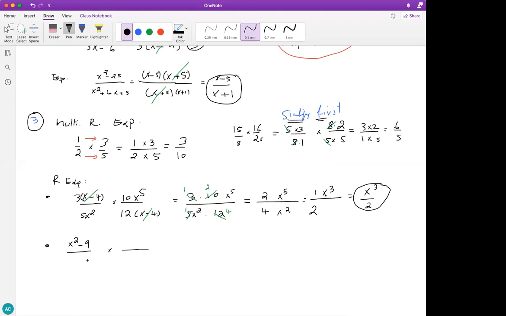So we want to times this by x squared plus 5x plus 6. Maybe this. Also something over here, probably 4 or just 2.